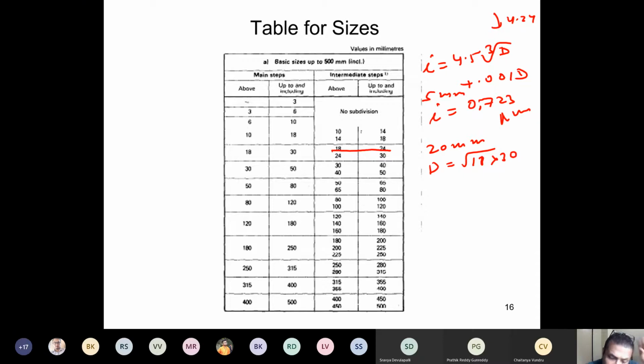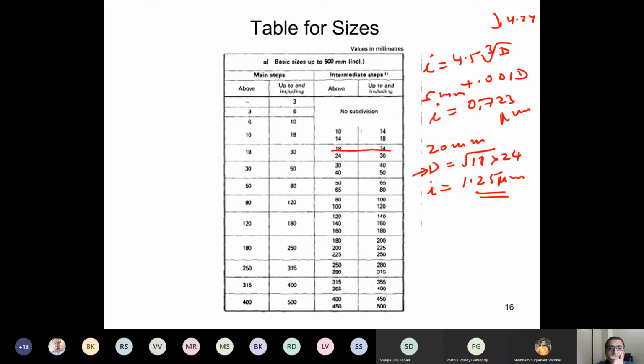They are two different things. So for 20 millimeters you have to use 18 times 24, since there's a step here. And this turns out to be roughly 1.25 microns. D you have to put in millimeters, and what comes out of this equation is in microns.